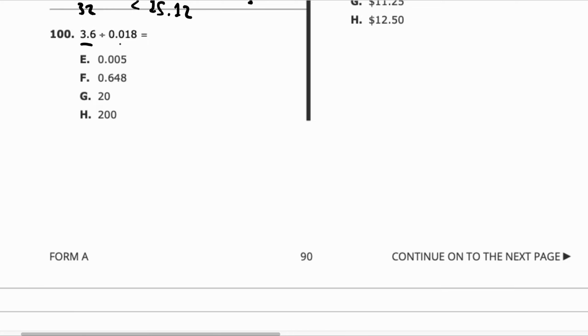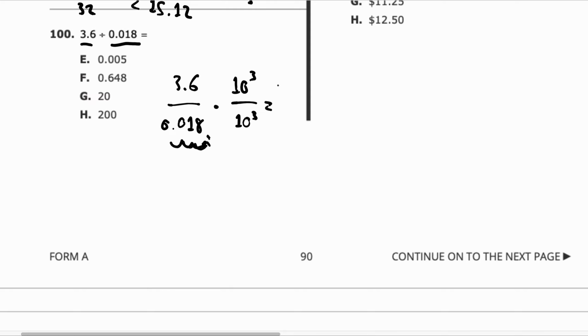3.6 divided by 0.018. So let's write this as a fraction. Okay, so I'm going to multiply. What I want is for this to become 18. So I know I have to shift the decimal 3 places to here. If I'm shifting 3 decimal places, then I have to multiply by 10 to the third on the numerator and denominator.